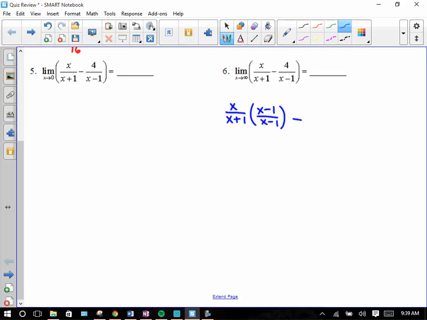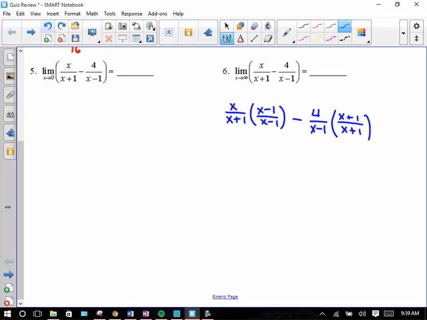And then I'm going to take this subtracted 4 over x minus 1 and multiply that by x plus 1 over x plus 1. This way it will give me a common denominator, allowing me to make everything into one fraction and look at my horizontal asymptote.